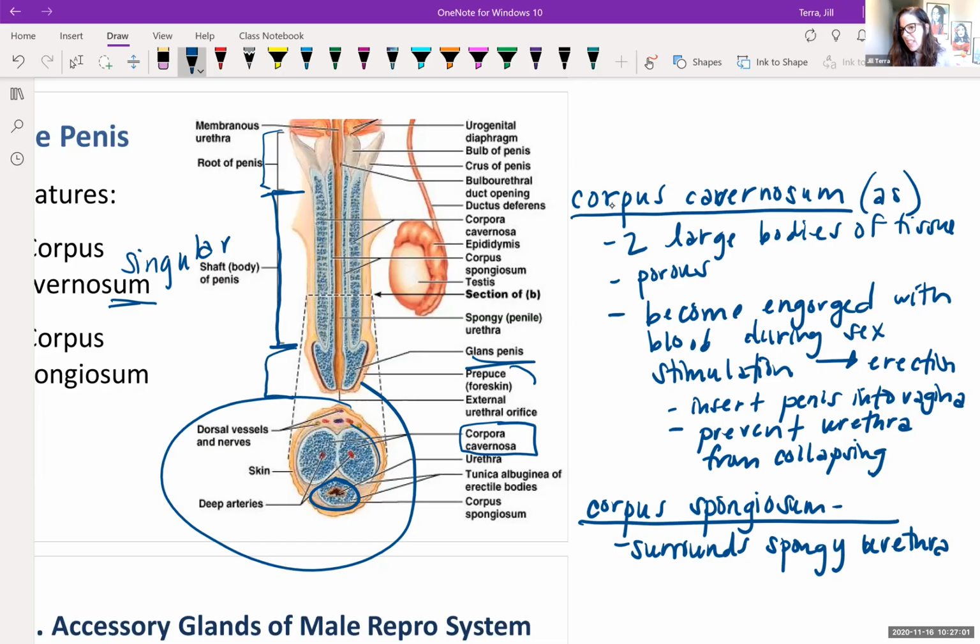And so really the spongiosum, very little of it fills with blood during an erection. Okay, but it does enlarge some during sexual stimulation.